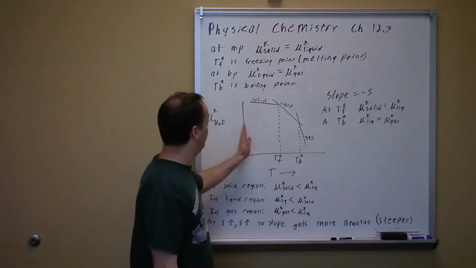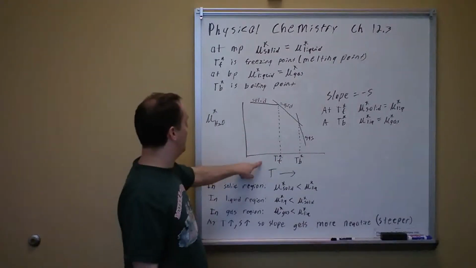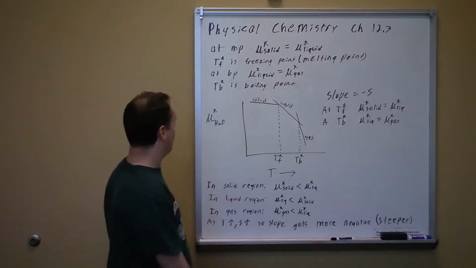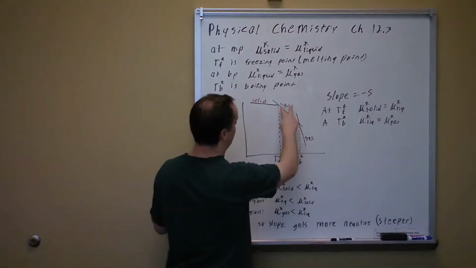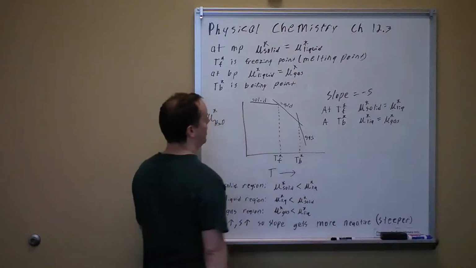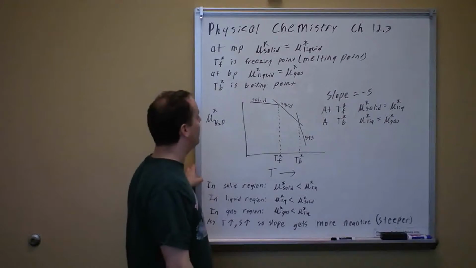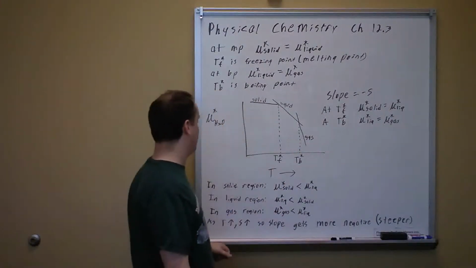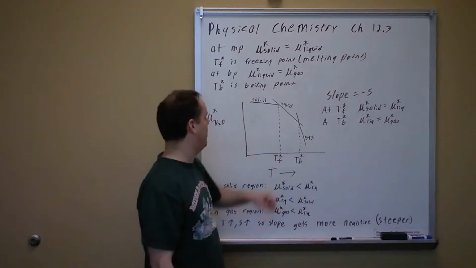So all along this solid region though, this is where the chemical potential of the solid is the lowest of those three curves. And then in between here, the liquid region, this is where the chemical potential for the liquid curve is the lowest of the three. And then beyond this point, the chemical potential for the gas is least.